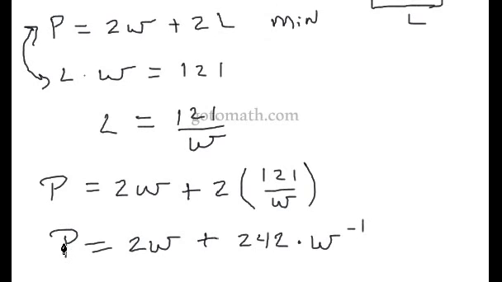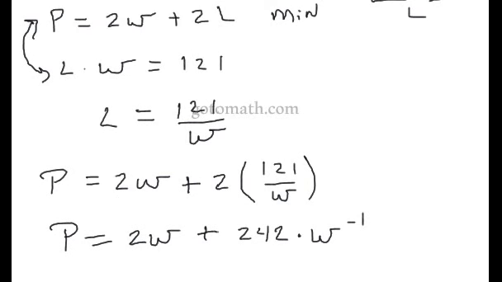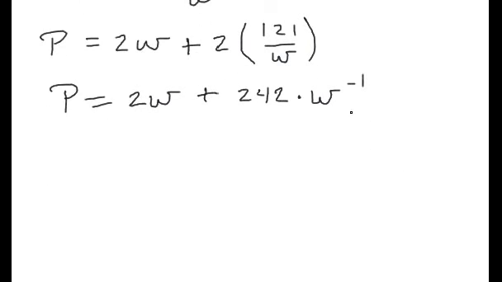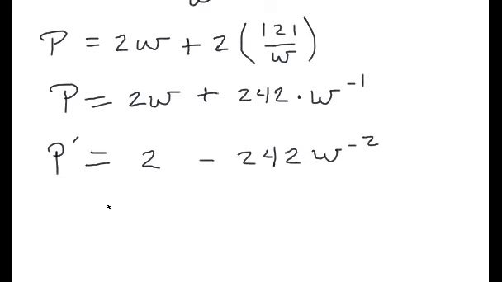Now, of course, what we're going to want to do now is take the derivative, right, and we'll say P prime. We have 2 minus 242 W to the negative 2.